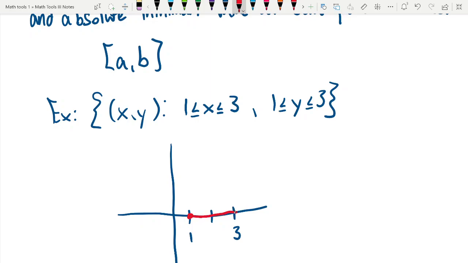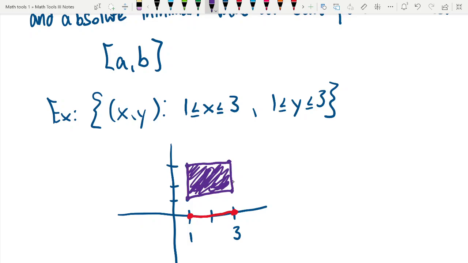So these possible x points, and then we're expanding that out to between 1 and 3 for y, right? So that would be these. And we're kind of looking at where do those regions overlap, right? So the actual region here would be this part right here. Okay. So this would be our boundary, our closed bounded set.